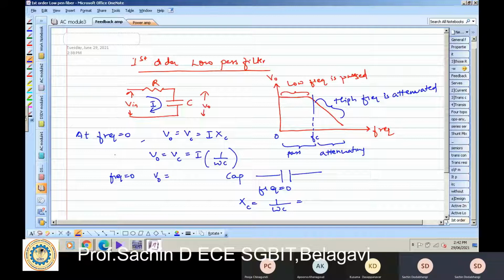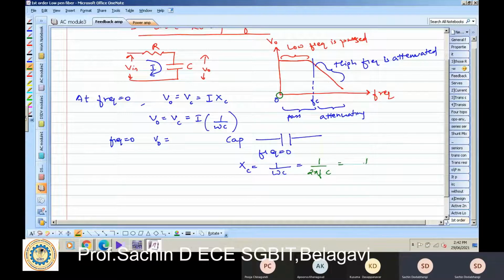What will be the capacitor reactance for 0 frequency? Xc is 1 upon 2 pi f into C. If the frequency is 0, substitute f equals 0, so it will be 1 upon 0, which is infinity. So Xc is infinity.